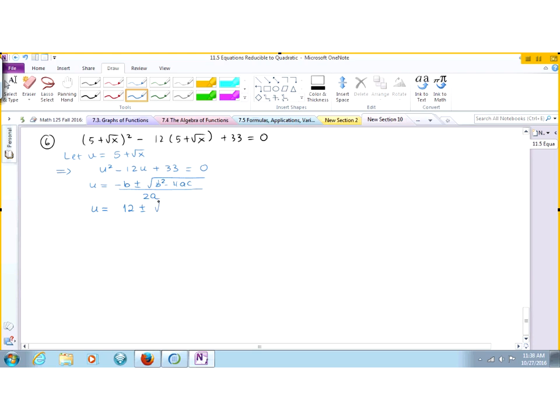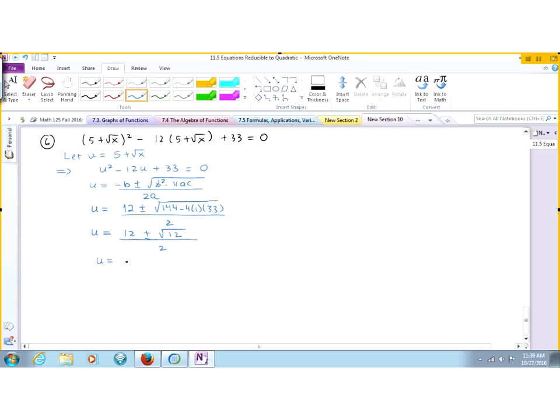So negative b is 12 plus or minus square root of 144 minus 4 times 1 times 33, divided by 2. What is 33 times 4? 132. What is 144 minus 132? 12.